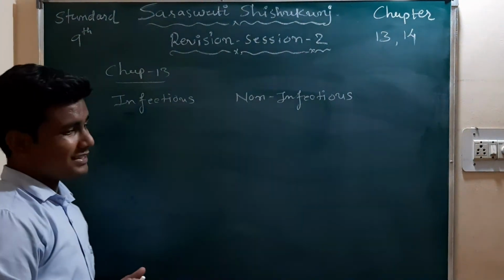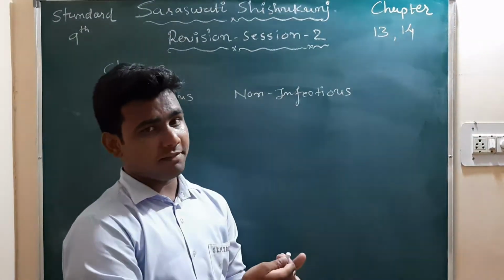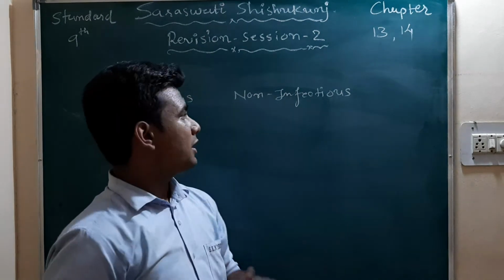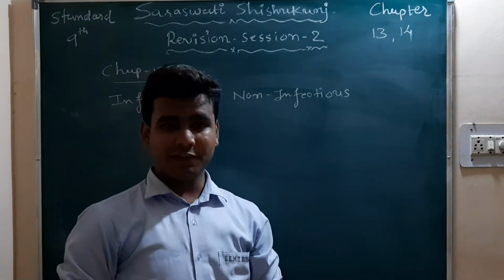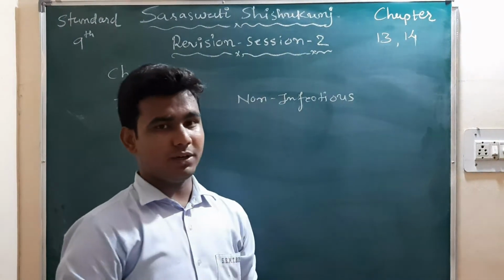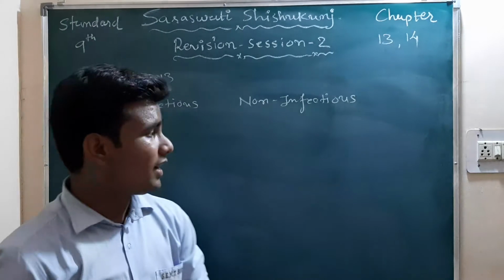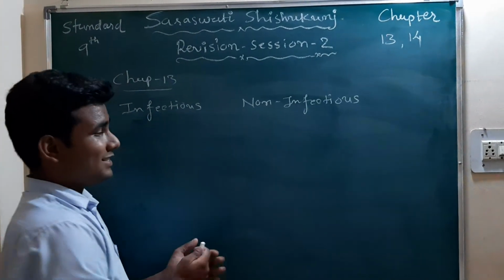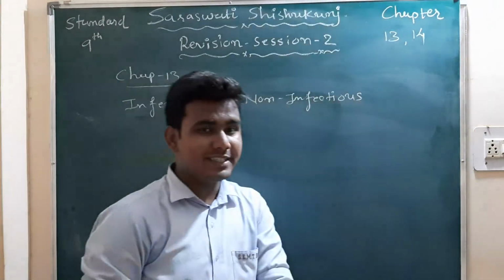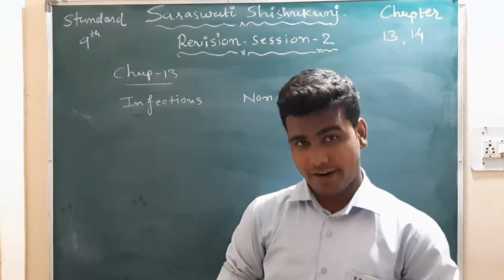In infectious disease, the disease can be spread by contact with an affected person, while in non-infectious disease, if one is suffering from a disease and you are in contact with that affected person, then that disease is not going to spread to us. Right? So that is a non-infectious disease. So the difference between infectious disease and non-infectious disease is also very necessary to prepare for our exam.